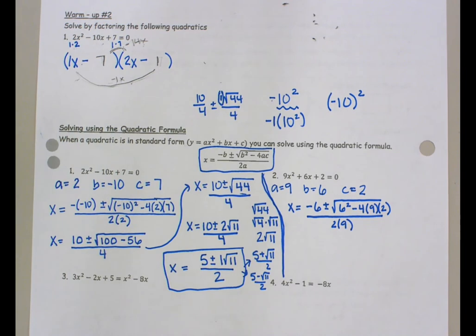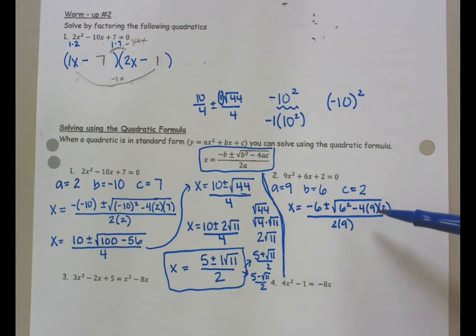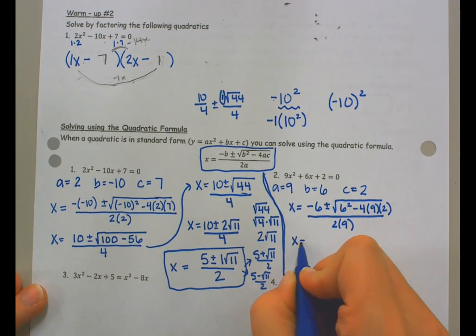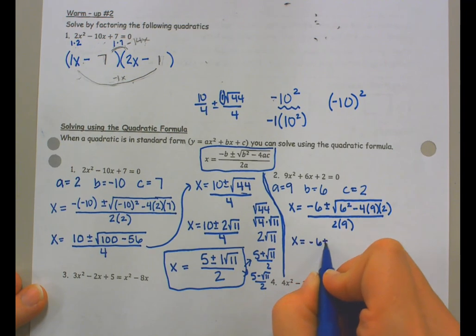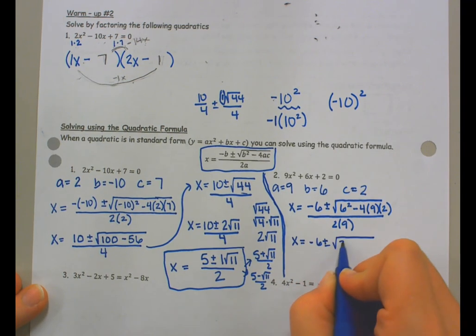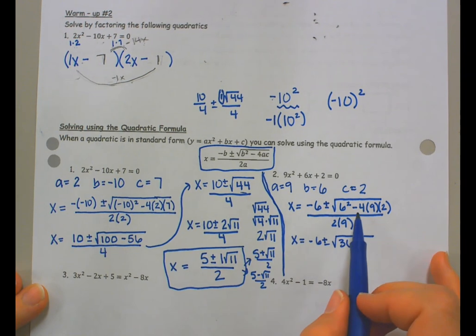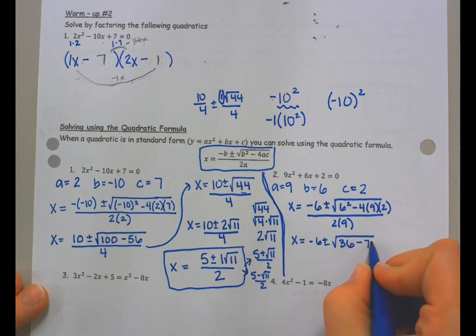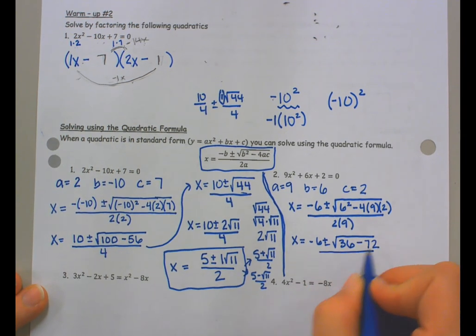So all I did was plug in each number for the letter that it represents in the quadratic formula. So now when I solve, I get x equals negative 6 plus or minus the square root of 36 minus, negative 4 times 9 is negative 36, times 2 is negative 72, all over 18.